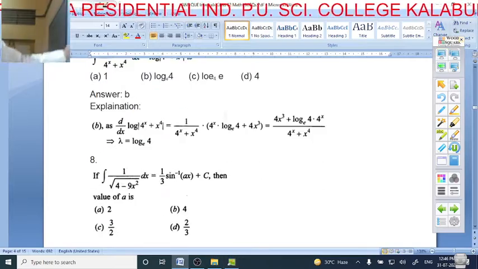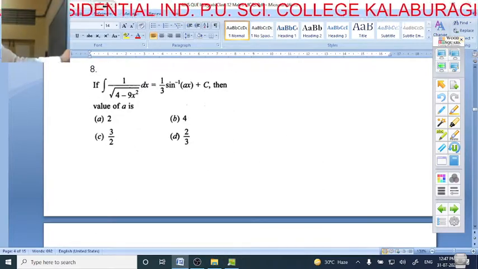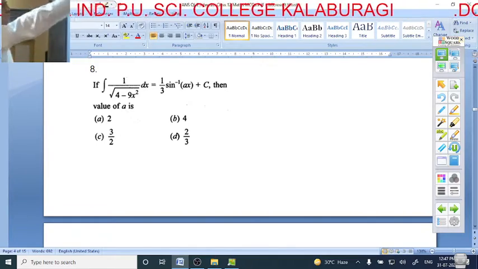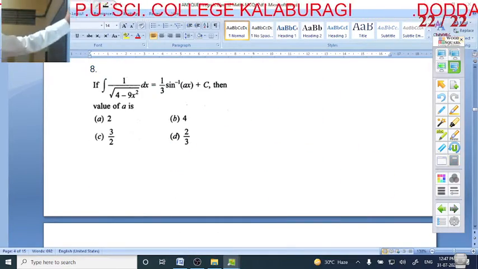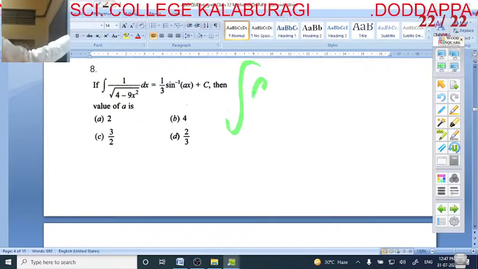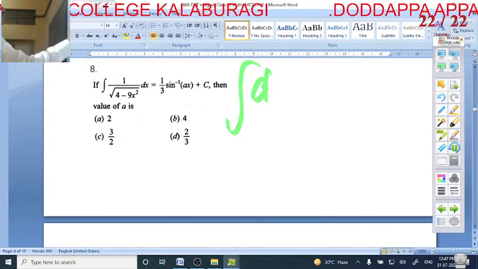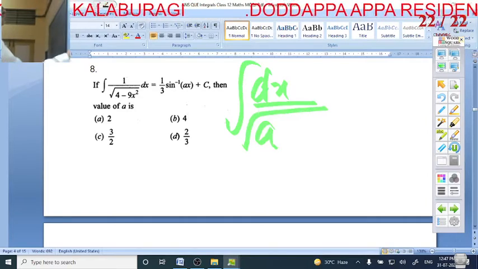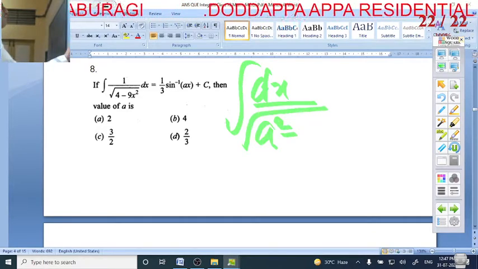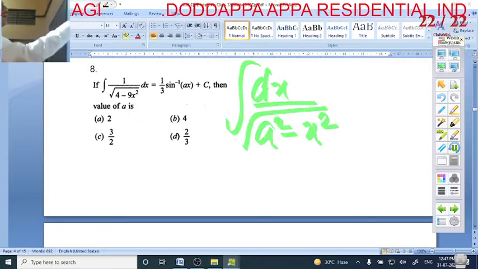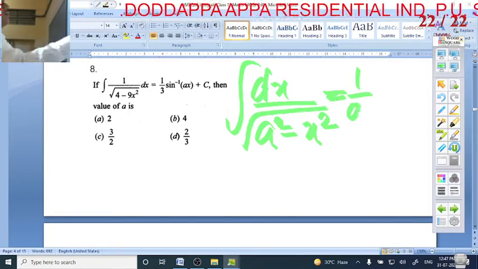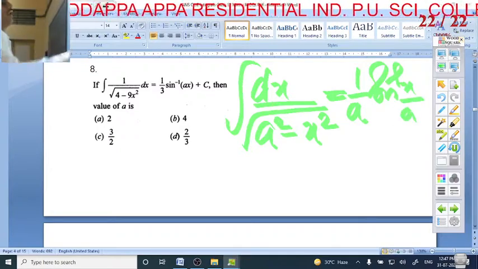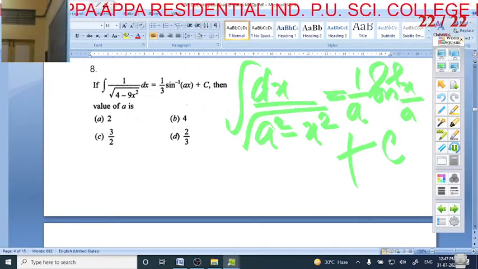Let's come to the 8th example. Now, a straightforward formula based example. You people are aware of this formula: integration of dx divided by square root of (constant square minus variable square) is equal to 1 by a sin inverse x by a plus c.